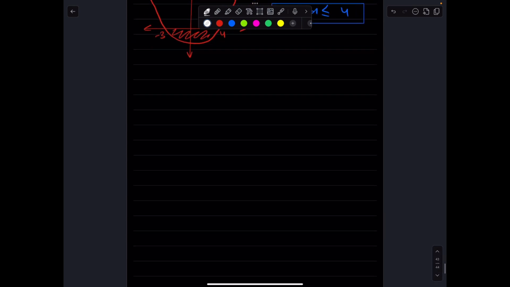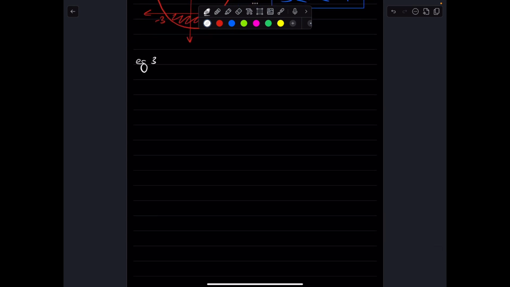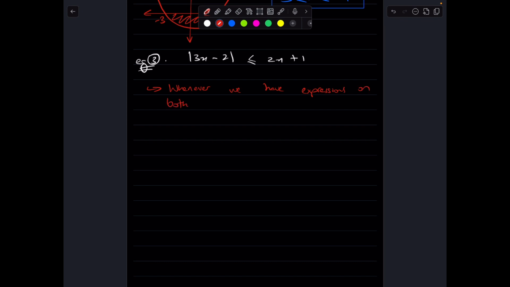And so, we'll take our last and final example. Let's take expressions on both sides, but modulus only on one side. So first of all, let's recap. Whenever we have expressions on both sides, but a modulus only on one side, we must check the answers obtained.